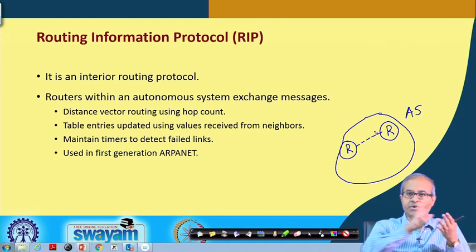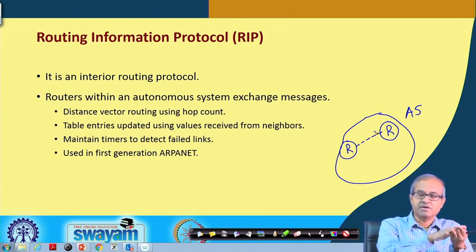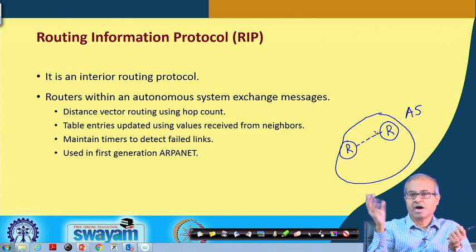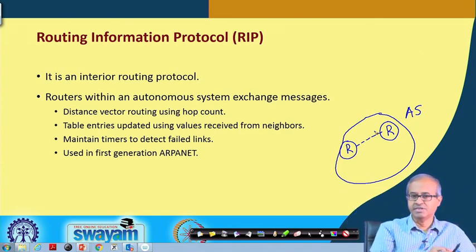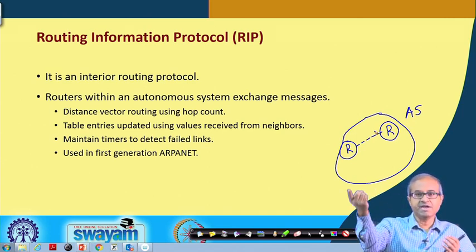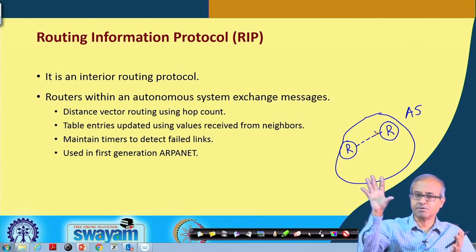But when I am sitting in this network and want to send a packet to one of the computers in the other network, I do not know the status in the other network, which path is the best, which path is required to be followed. So, the other network can give me some information about the correct state of the network.